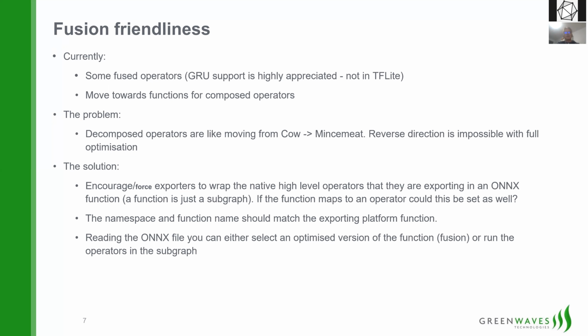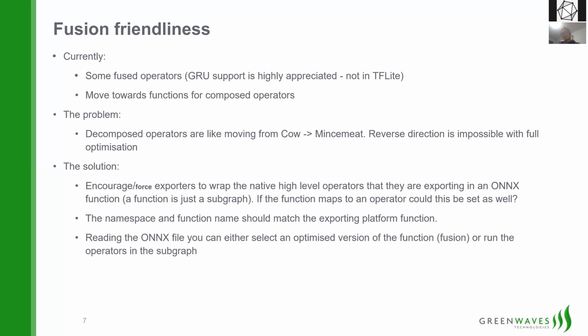And I think the solution would be to encourage, or in some way make it the nicest thing to do. I said force, maybe a little strong a word, but really encourage the exporter writers to wrap any native high-level operators in the platform that they're exporting from in a function, with a function namespace and function name that somehow indicates to us where that came from, what it was before it got turned into this subgraph.